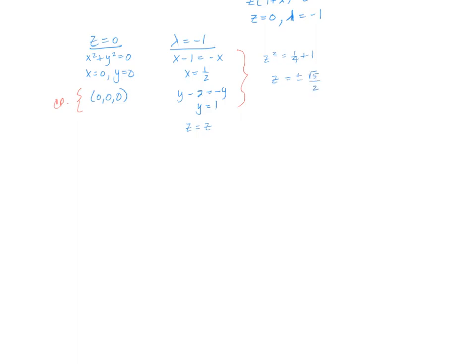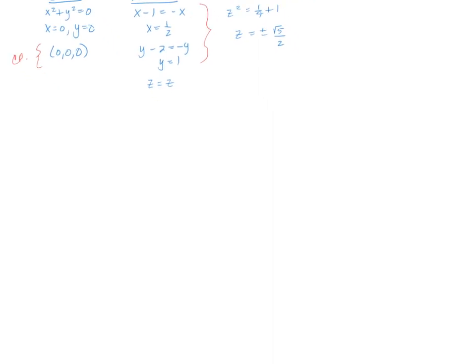I have my possible critical points of 1/2, 1, and then the z value can either be the positive or the negative square root of 5 over 2. If I put these points into my constraint, they work, so these are critical points as well.